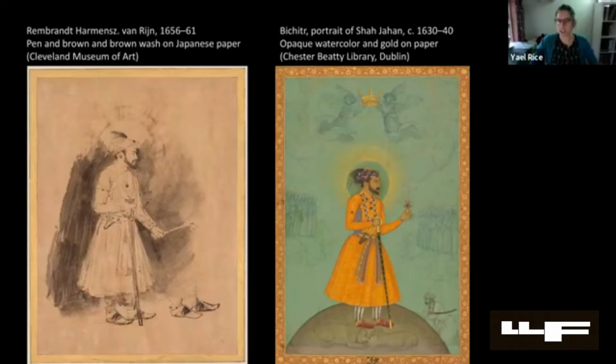There's much more going on in this composition, but the main point of connection with Rembrandt's own drawing is the figure of Shah Jahan. Now, Rembrandt died in 1669, so he executed the drawing on the left towards the end of his life, and it's one of 23 works that are extant that he made inspired by Mughal paintings.